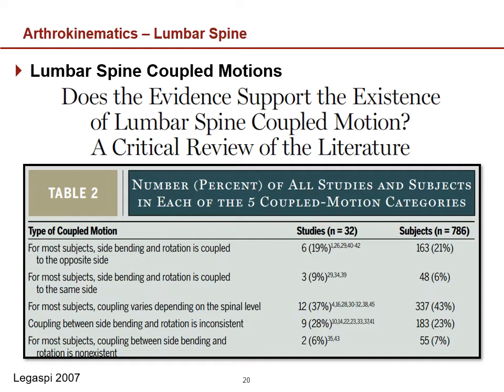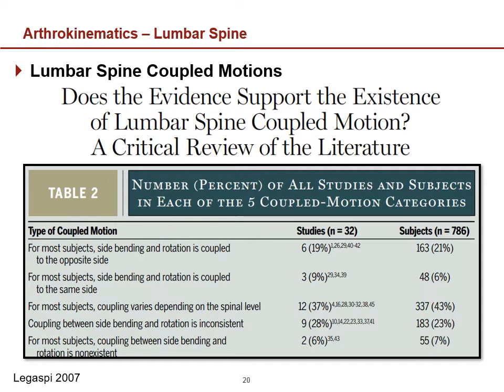So what you can draw from this, and we'll go in the reverse order, is that between 6 and 7% of studies and subjects will have non-existent coupled motions. So there's over a 90% chance that coupled motions exist. It's just a matter of the variability of how they're occurring, whether they're type 1 or type 2.